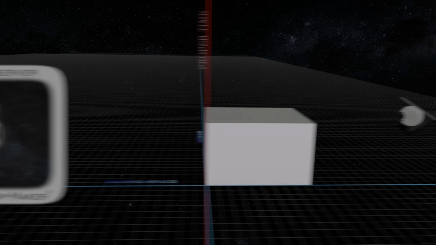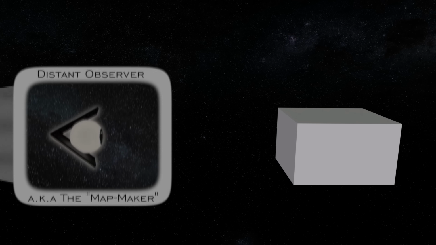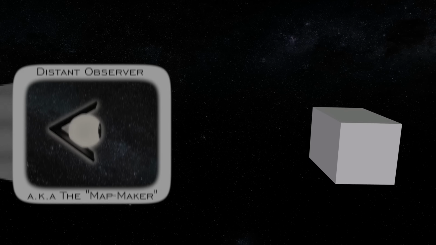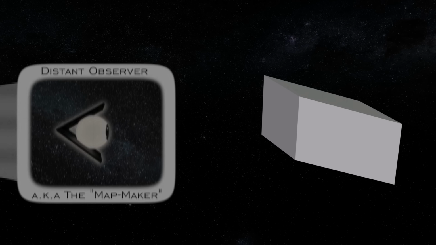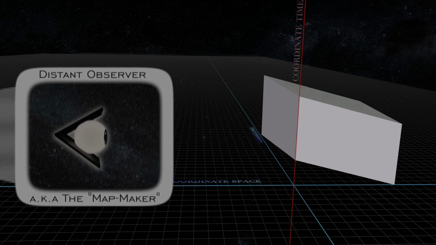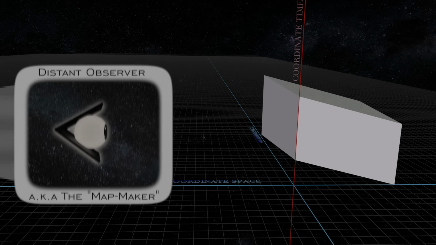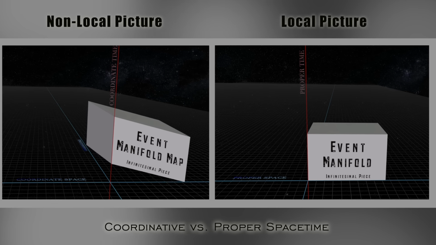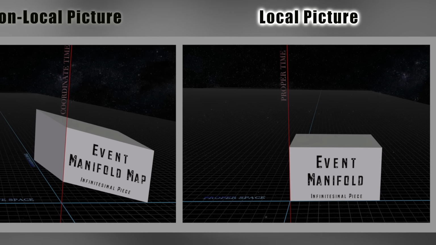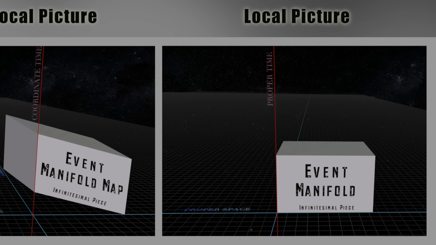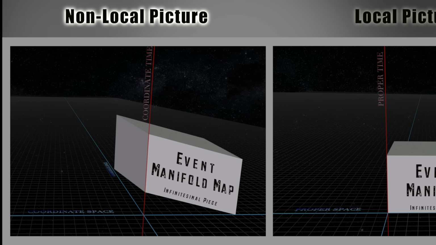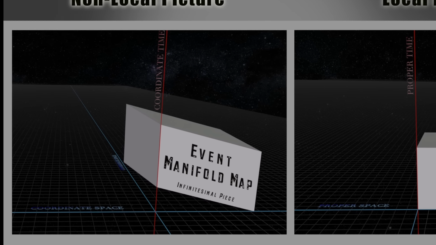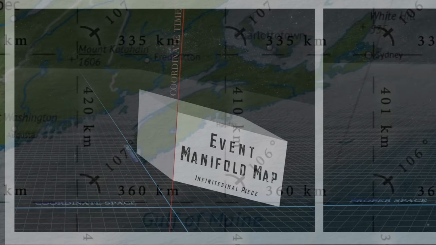It's just that a non-local, distant observer may end up squashing and distorting this construction in order to fit it to their projection. Locally, time and space always look the same. But non-locally, time and space are only coordinative projections, mere grid lines drawn on a map.